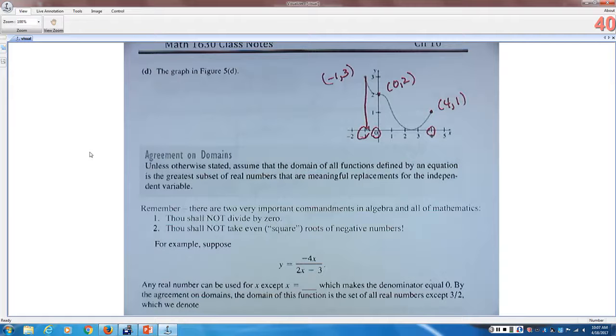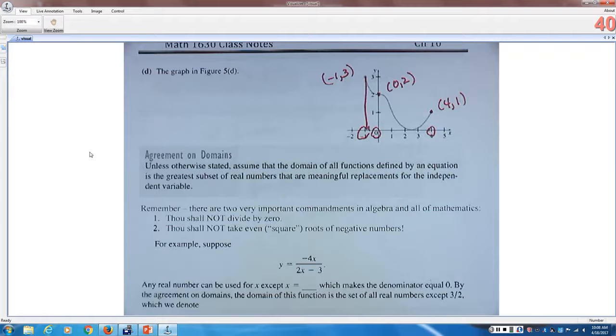So here's the easier to remember. There's two important commandments in algebra and in all of mathematics. They always have been true. They always will be true. And you know what they are. Thou shalt not divide by 0. You cannot have 0 in the denominator of an equation.